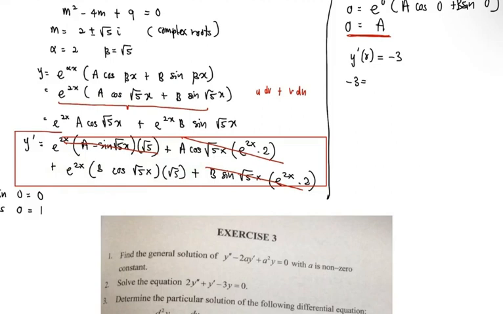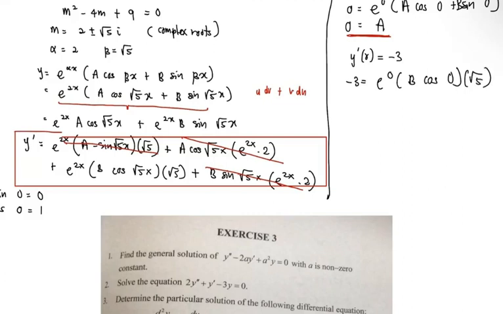So we have minus 3 equal to e to the power 2 times 0, which is e to the power 0, times b cos 0 times root of 5.